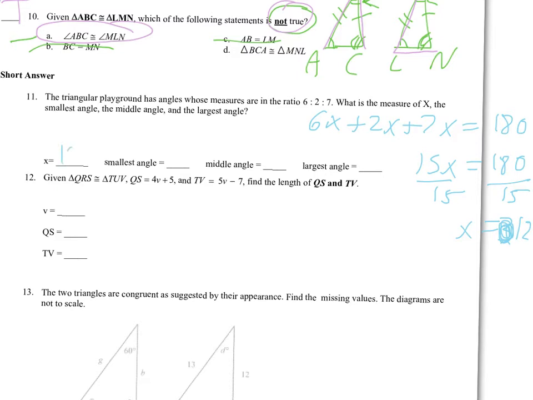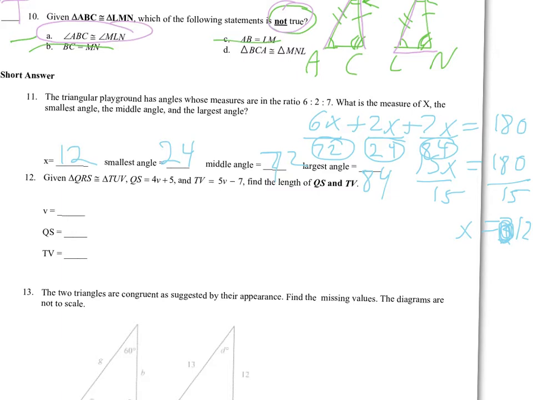So now I plug in 12 for each of these. 6 times 12 is 72. 2 times 12 is 24. 7 times 12 is 84. So what's my smallest angle? 24. What's my middle angle? 72. What's my largest angle? 84. All right, and 12.